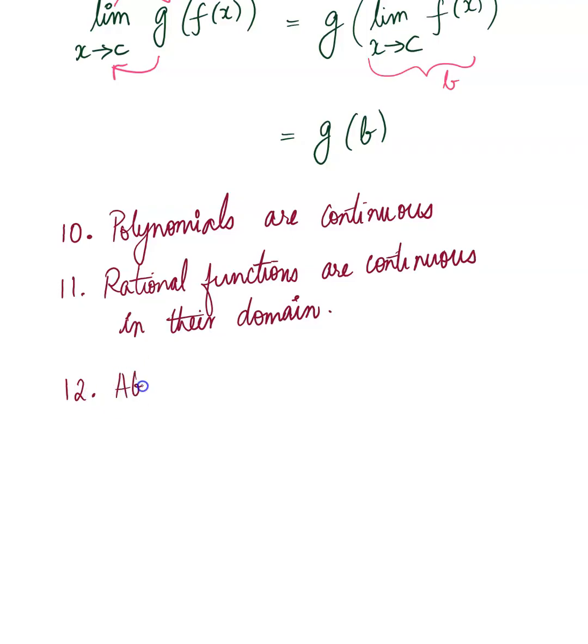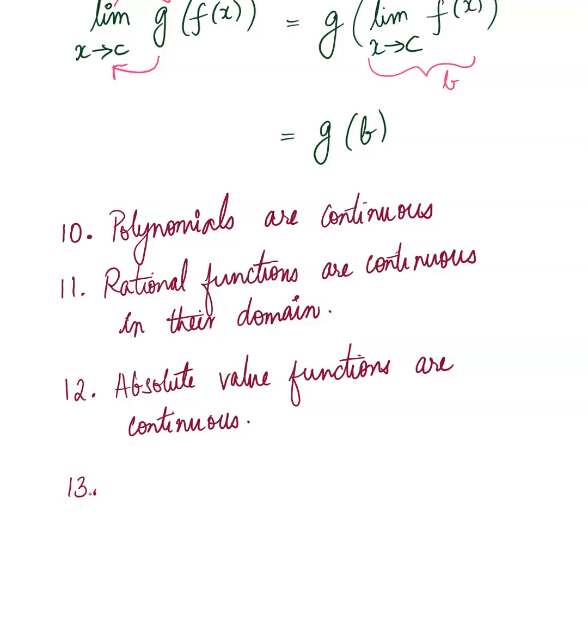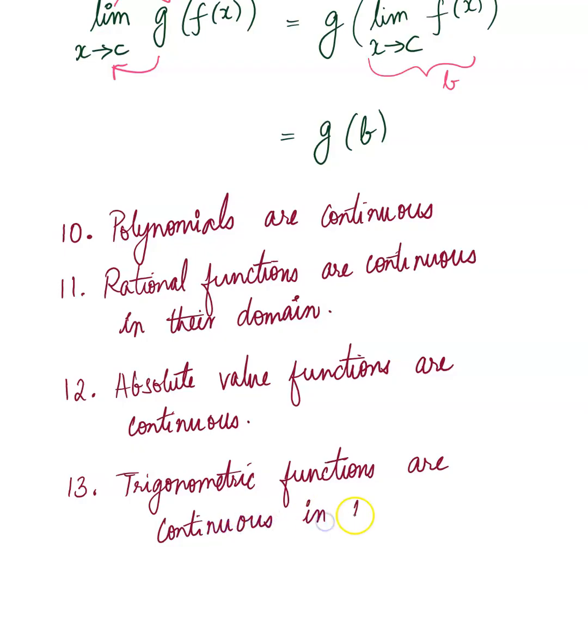Then we have absolute value functions, which are continuous. Then we have trigonometric functions, which are continuous. Again, it all has to work over their domain.